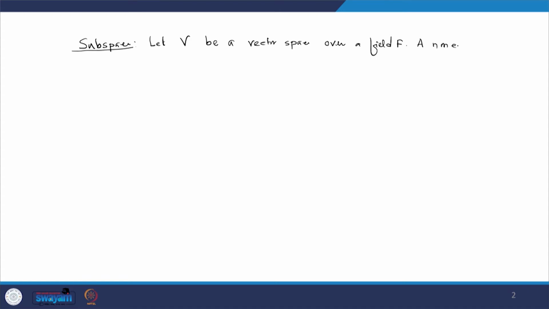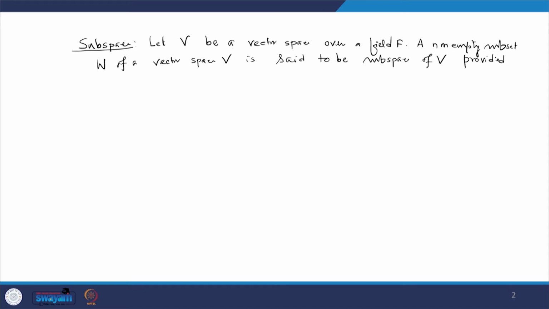Then a non-empty subset W of a vector space is said to be a subspace of V provided W satisfies all criteria or axioms of a vector space with respect to vector addition and scalar multiplication.